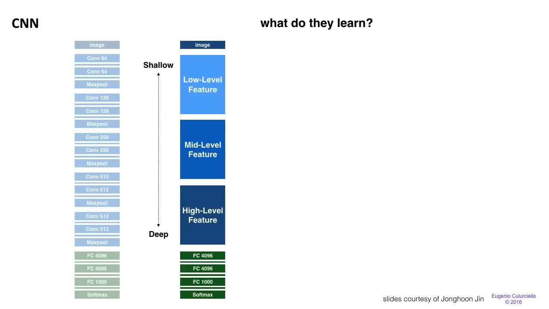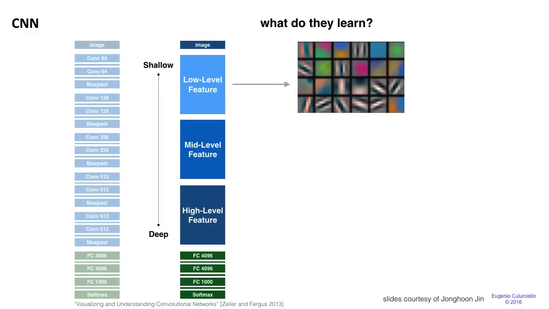In any case, if we look at the first part, we might have low-level features. In the middle, we might have mid-level features, and then we have high-level features. So what are those? The low-level features are very similar to line detectors or color detectors, or boundaries between two colors.